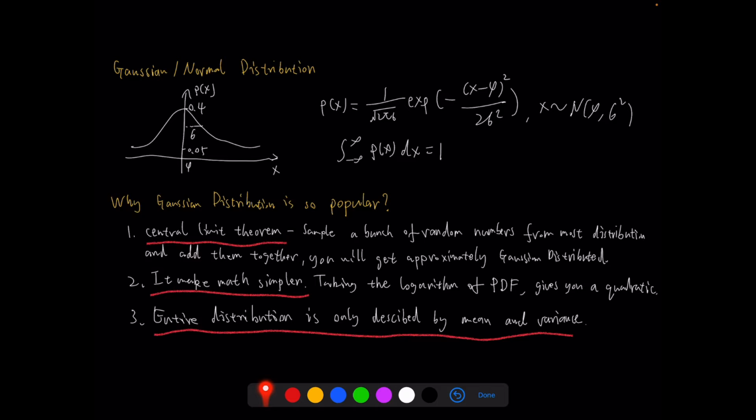Why do people like the Gaussian distribution a lot? Why do they want to model processes with it in a lot of domains?